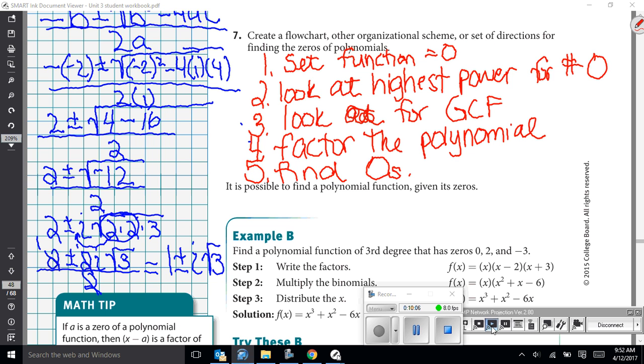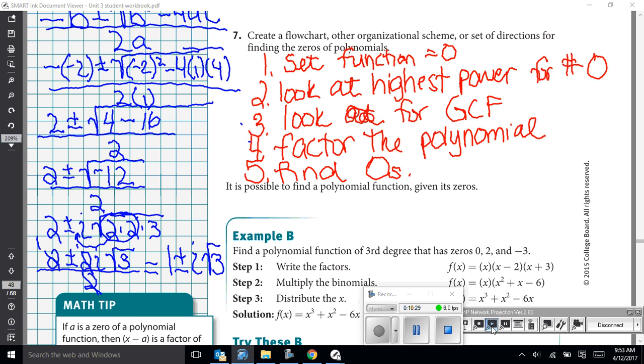Once we've found the zeros, we know what values we can stick into that quadratic or cubic to make everything zero. And that tells us, in our graph, where it's crossing the x-axis, which will be super helpful when it comes time to graphing by hand.